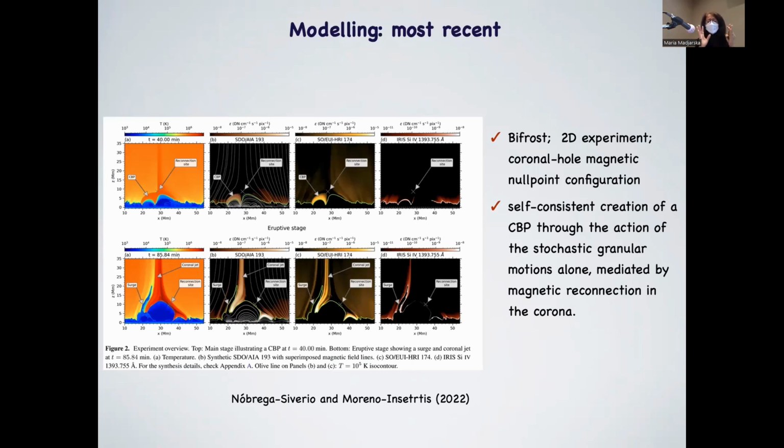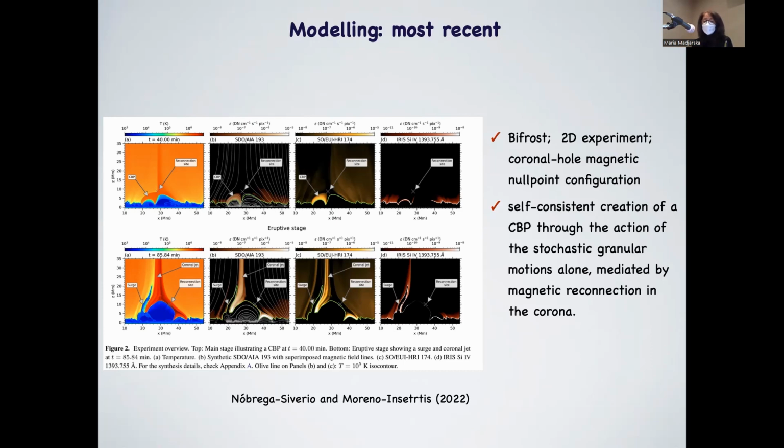Why? So there are two codes in solar physics which produce radiative 3D MHD simulations, and these are the most realistic simulations of the sun. They cover the region from the convection zone below to 18,000 kilometers and above up to 100 kilometers. Only the quiet sun, because otherwise they are very expensive to run. And this is one of the codes, Bifrost simulations by a group in Spain.